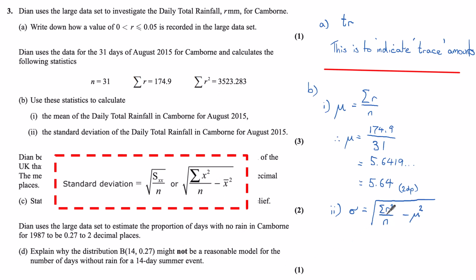And so for us, the sum of r squared is the sum of our x squared here, 3,523.283. Our n is 31, and our mean has just been calculated as 5.64, and so on. So substituting our values in, being careful when entering these into a calculator, gives us a standard deviation of 9.05 to 2 decimal places.